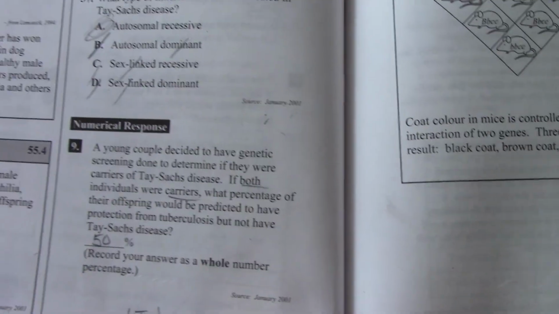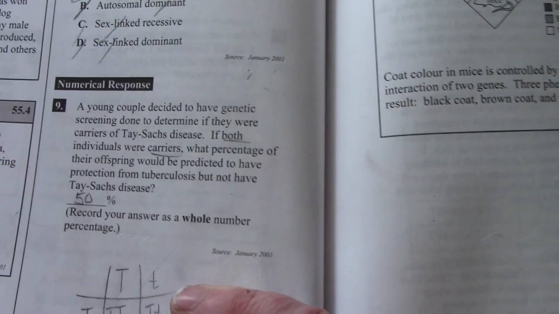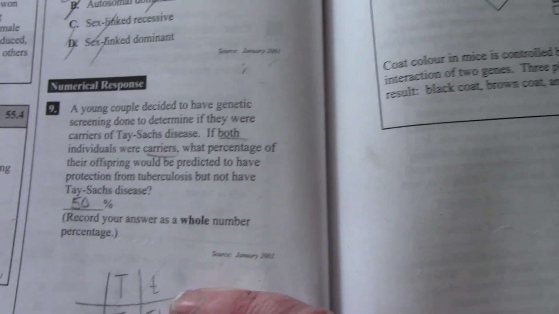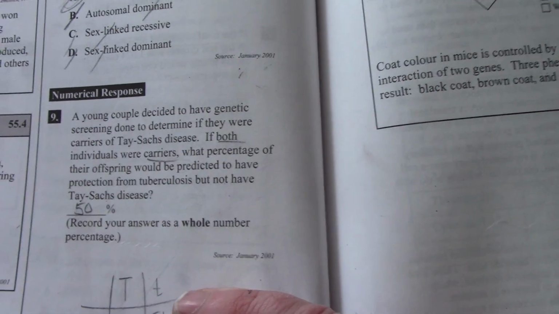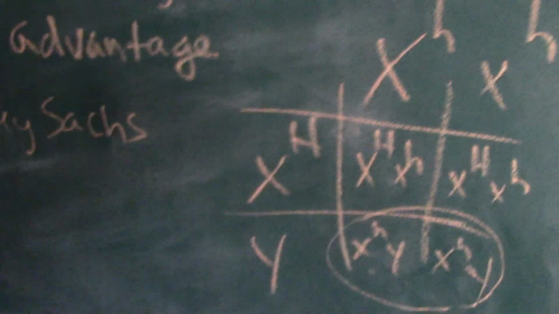Numerical response 9 says a young couple decided to have genetic screening done to determine if they were both carriers of Tay-Sachs. If both individuals were carriers, what percentage of their offspring would be predicted to have protection from TB? So if they're both carriers, the question is asking what percentage of the offspring would have a heterozygote advantage.